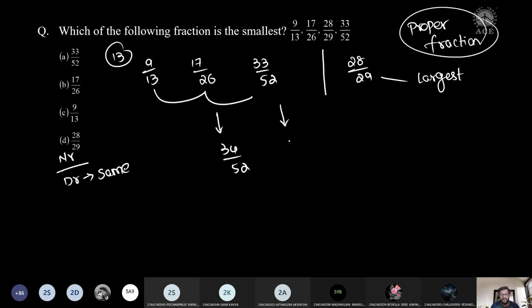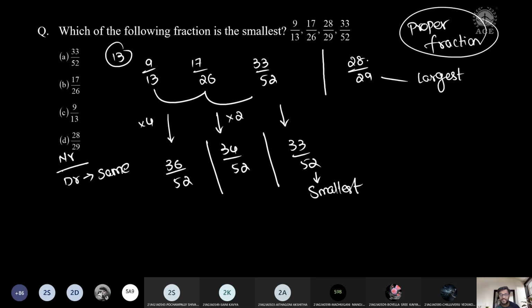This you can multiply by 4 and divide by 4, this is multiplying by 2 and dividing by 2. This is 36 divided by 52. Now obviously the smallest is this.